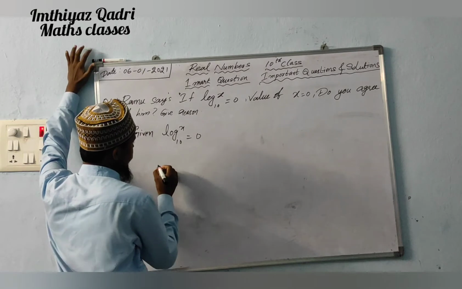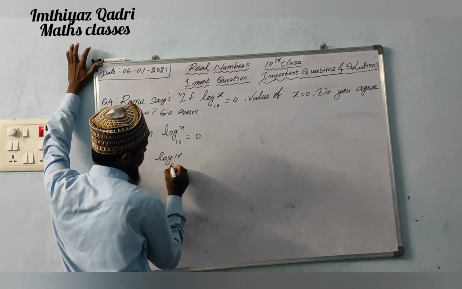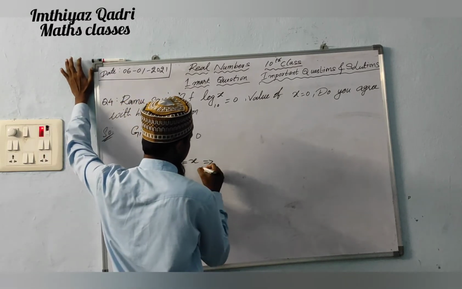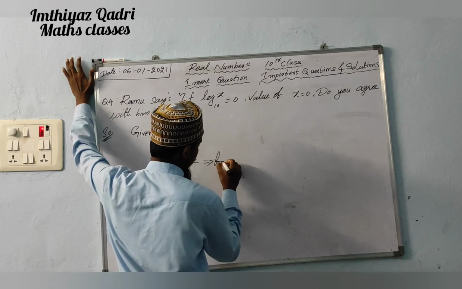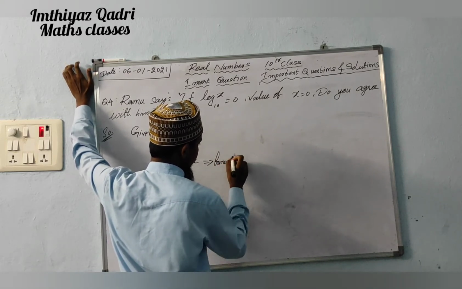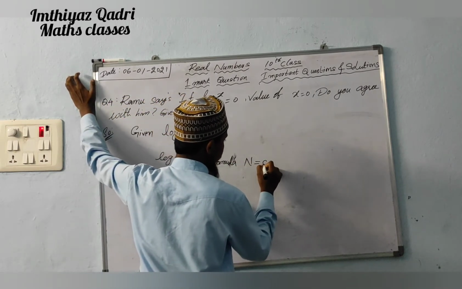Here from formula log of n base a is equals to x. Formula: n is equals to a power x.